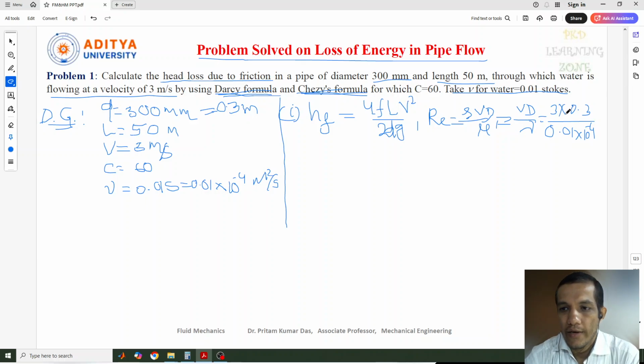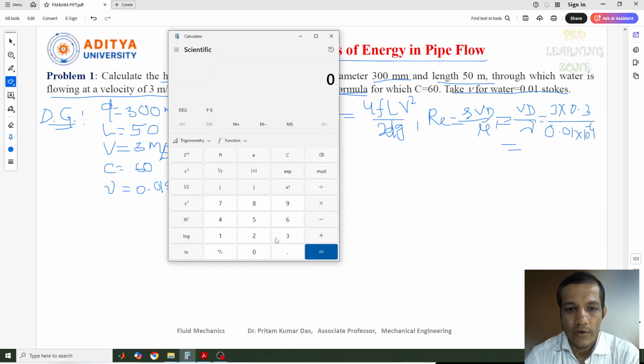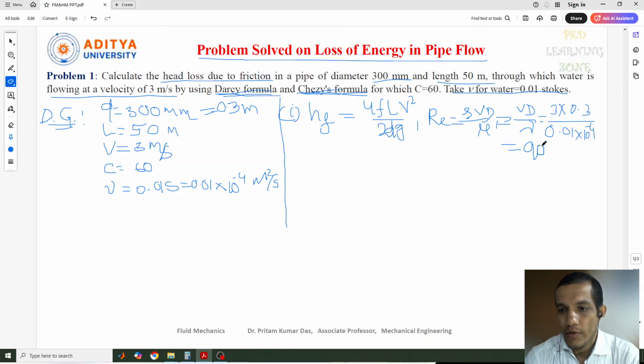If you divide this, we get 3 into 0.3 divided by 0.01, which is 90 into 10 to the power 4. So 90 into 10 to the power 4 is the value of Reynolds number. This value indicates that the flow is turbulent.